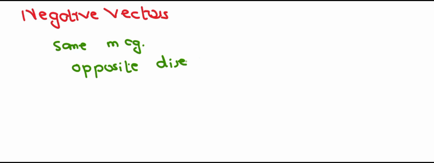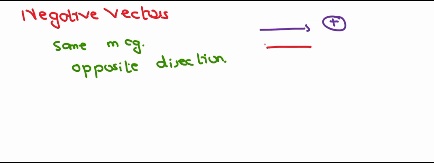So these vectors are known as negative vectors. Let's suppose our first vector is acting along the positive x-axis and the second vector is acting along the negative x-axis. So these are known as negative vectors because they have the same magnitude as well as the opposite direction.